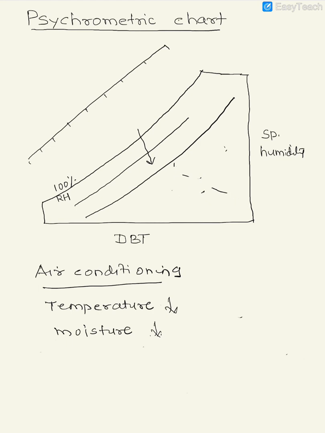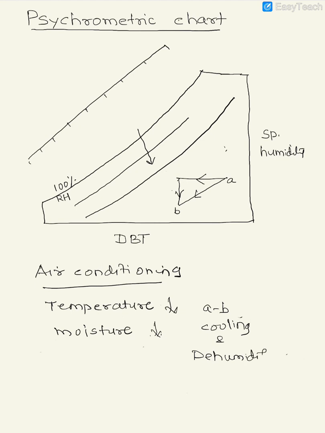The temperature has to be reduced, so there has to be cooling, and the moisture content has to be reduced, so there has to be dehumidification. A to B would be the psychrometric process, which is cooling and dehumidification.